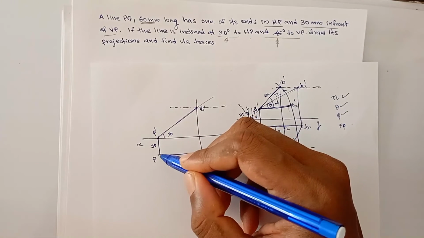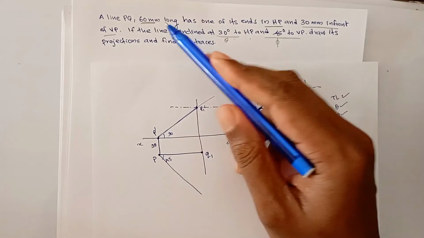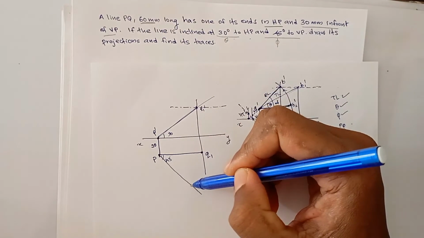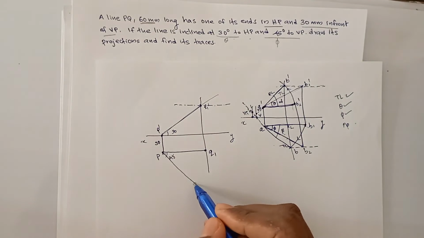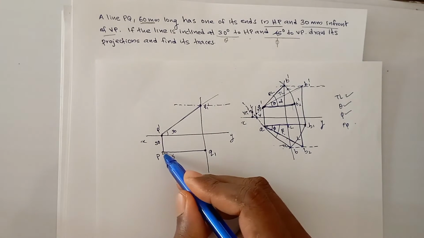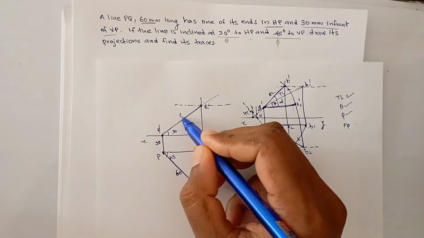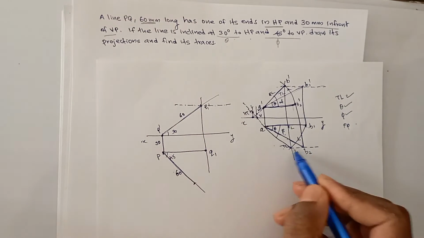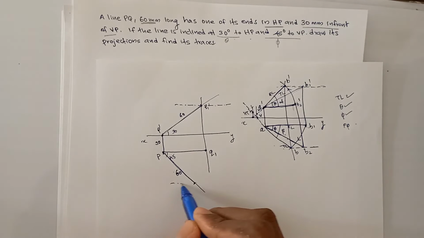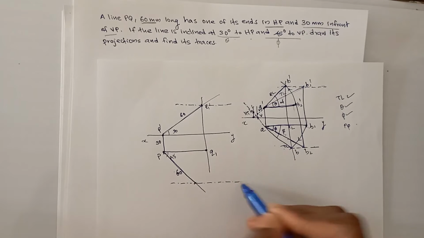Take 45 and draw a line and mark the true length, that is 60 mm. Suppose 60 mm comes here. So you got this, this is our true length, 60. We got this point also, known as the trace point or location point.